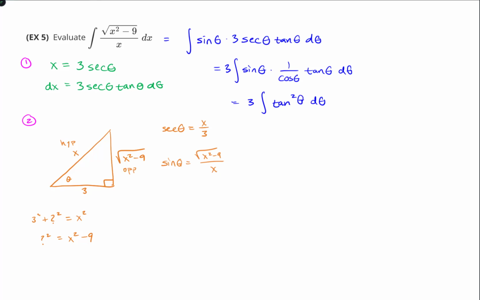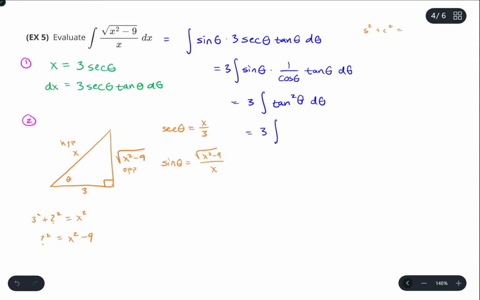But I'm not sure that that's entirely integrable on its own. So, all right, back to the Pythagorean identity. Let me come up to the side here. So sine squared plus cosine squared equals 1.